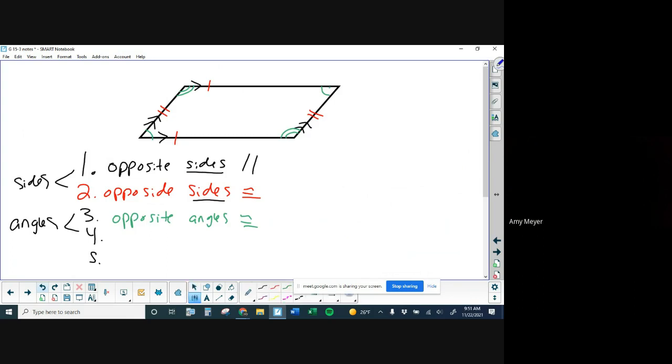All right, property number 4. Consecutive angles are supplementary.